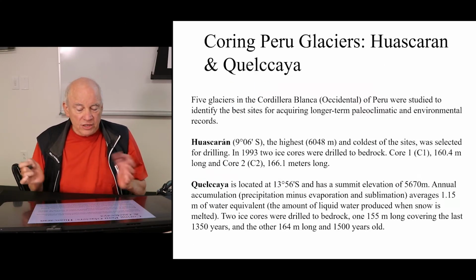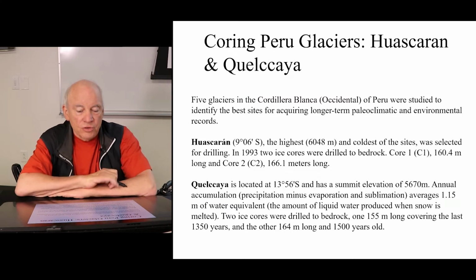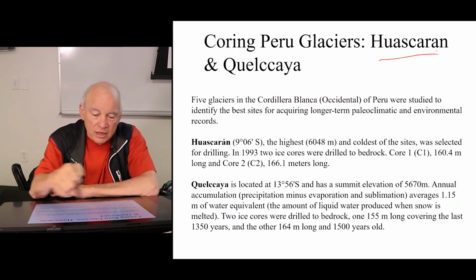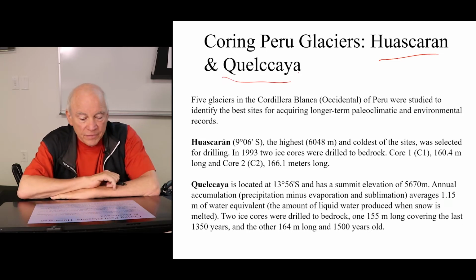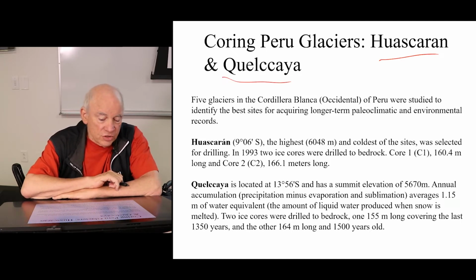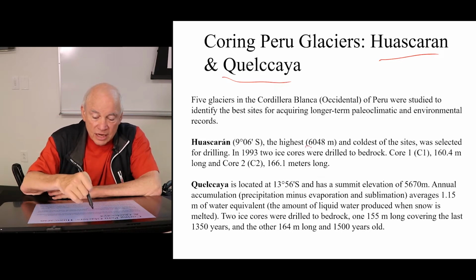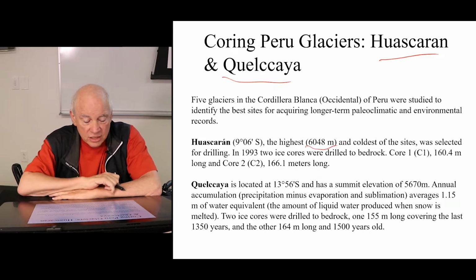All right, so now let's go to Peru's great glaciers. We're going to take two examples. One of them is Huascaran, and the other is Quelccaya. These two volcanoes, Huascaran is the highest one, and it's the coldest, and they were drilled, and basically it's not difficult drilling.